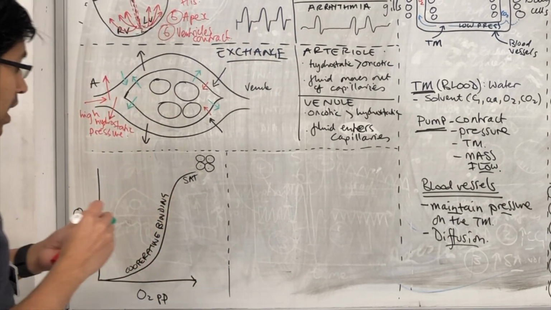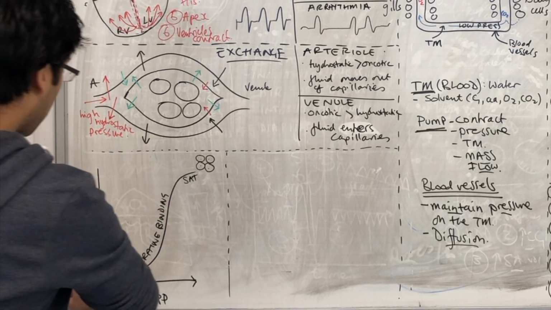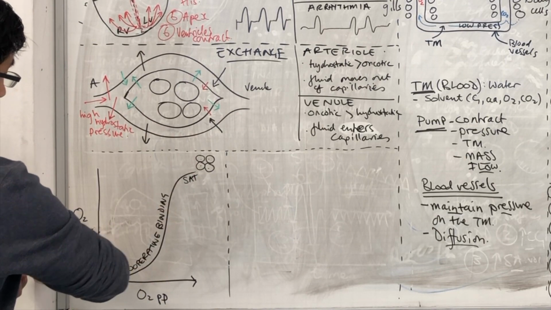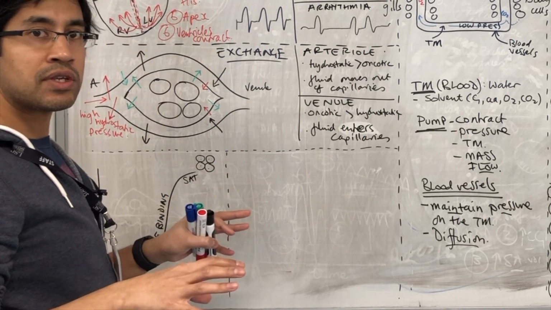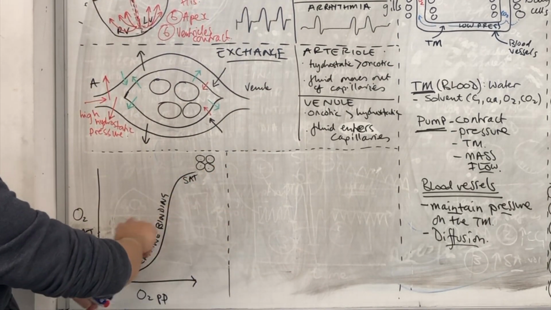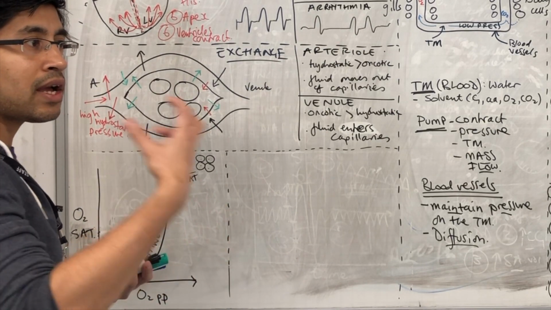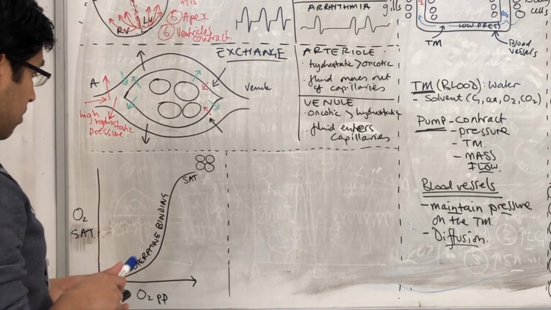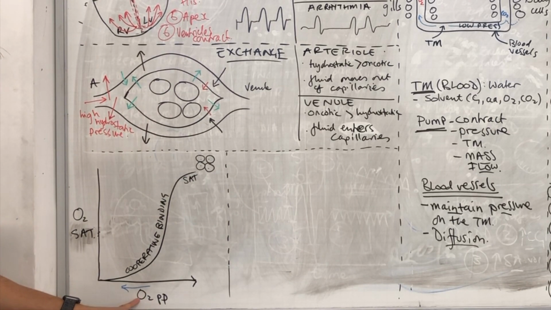There are some modifications to this, and it's important to understand this. Even in the curve itself, when the blood gets to points in the body where there's not a lot of oxygen, what that means is we're going this way, right? So when the blood gets to, I don't know, a heavily respiring tissue, we're going this way on the axes, because the oxygen concentration in those places is really low.